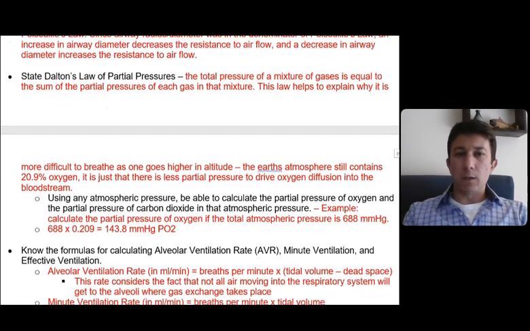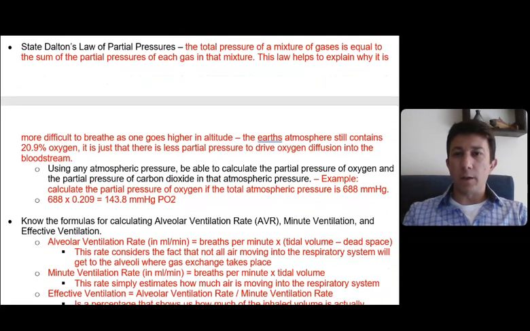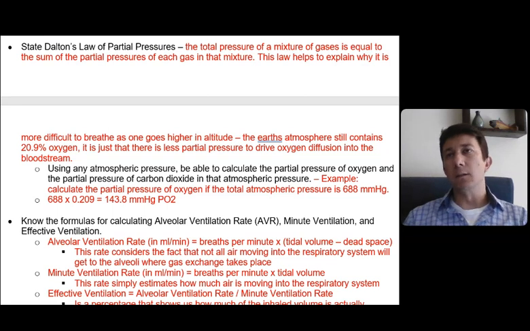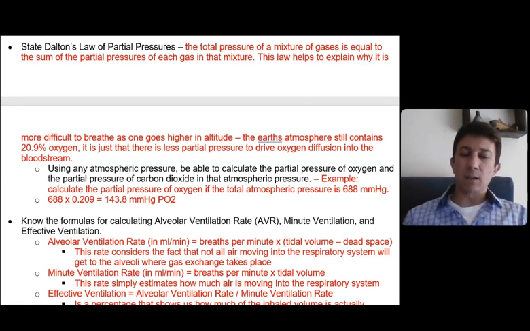One of the last of the physiology laws that we'll examine is referred to as Dalton's law. Dalton's law is an important law because it helps us to understand, regardless of what's going on inside of the lungs, inside of the thoracic cavity, how easy is it going to be for oxygen to diffuse from the air in the alveoli into the bloodstream?